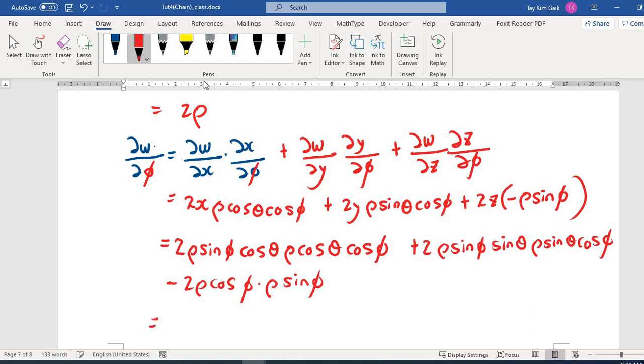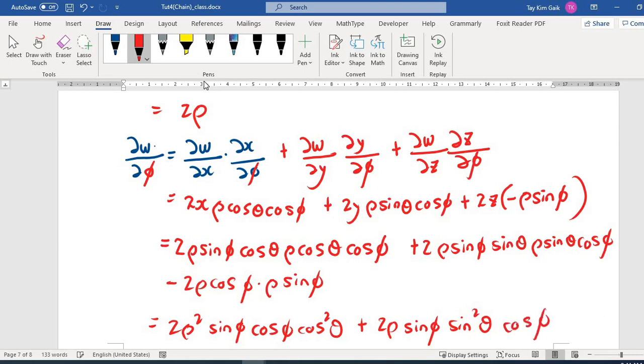So you have to expand and simplify. 2 rho and rho gives 2 rho squared. The first term is sin phi cos phi cos squared theta. The second term is 2 rho squared sin phi sin squared theta cos phi.